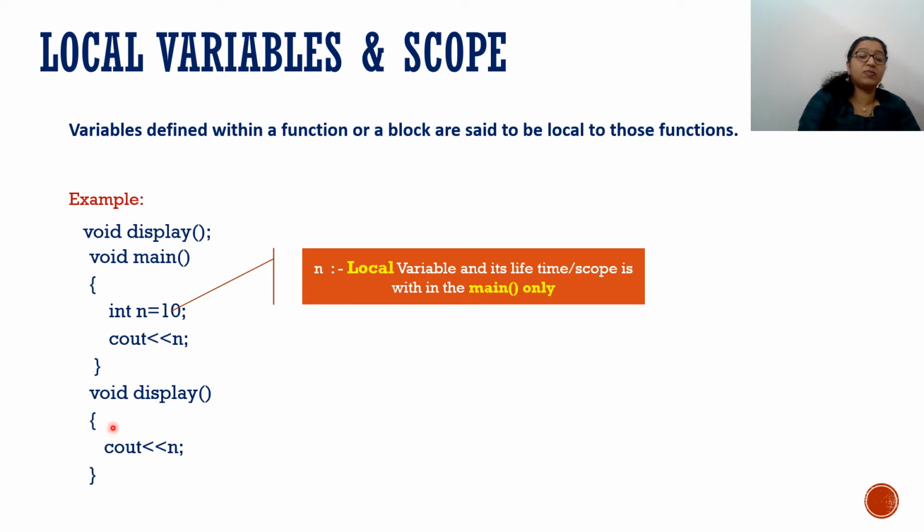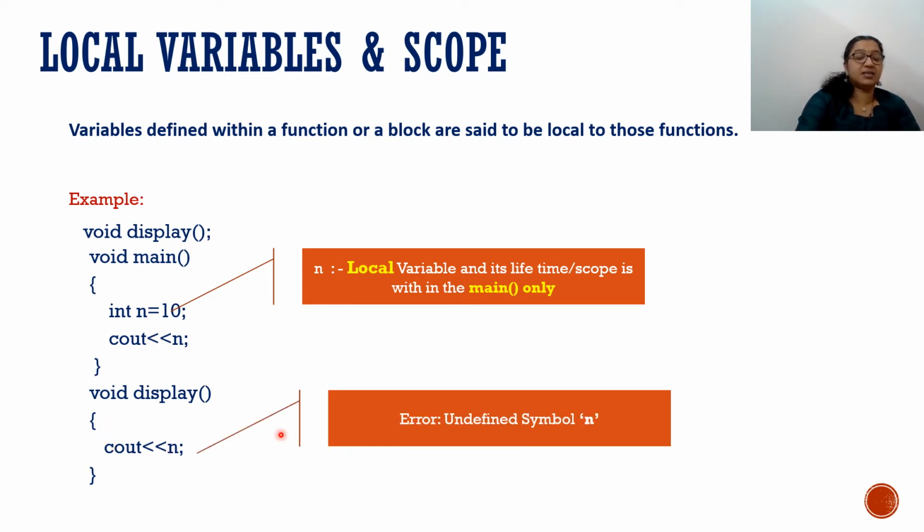So what happens when you are using n here? We'll get an error message. What is the message? Error, undefined symbol n. What is n? The compiler doesn't know what is n. Inside that display there is no n. N is here inside the main. So only main can access this variable, because this is the local variable of this main.